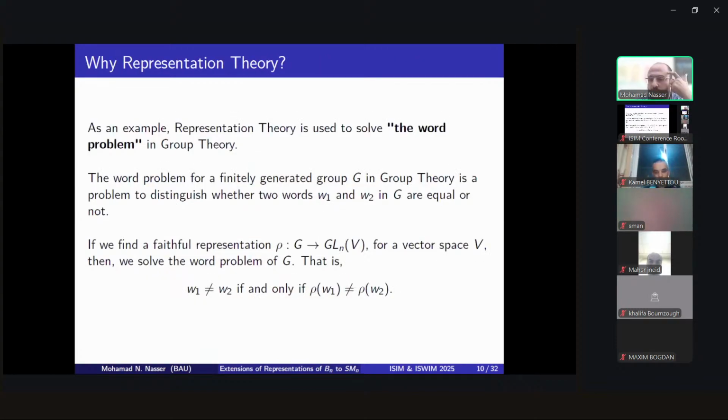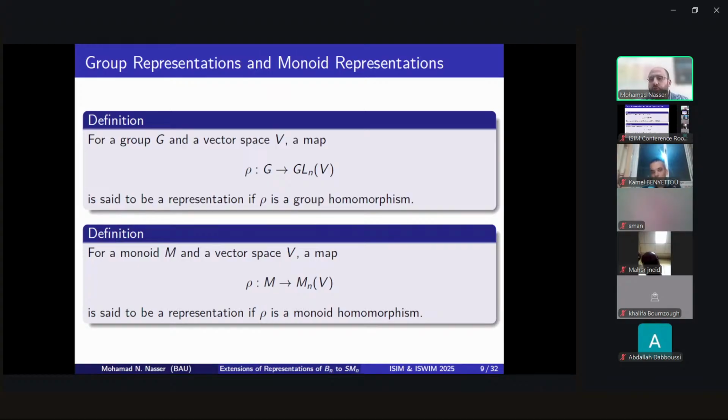Why representation theory? Why is it important? For example, we use representation theory to solve many complicated problems. When you represent each element in a group or a monoid by a matrix, we know how to deal with matrices better than dealing with complicated elements, for example, of an infinite group or infinite monoid.